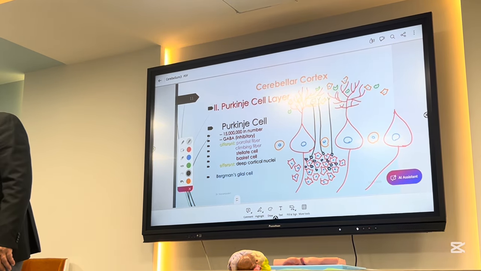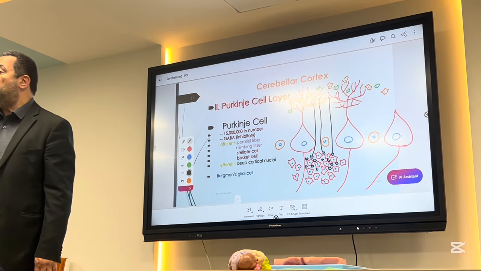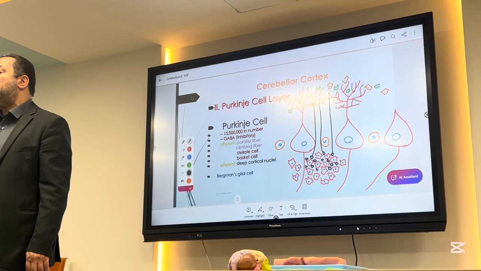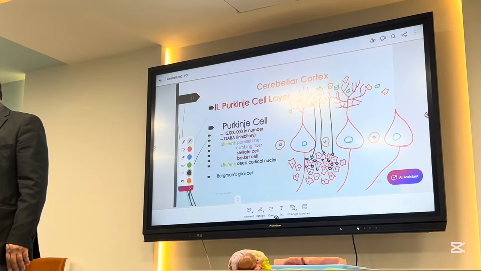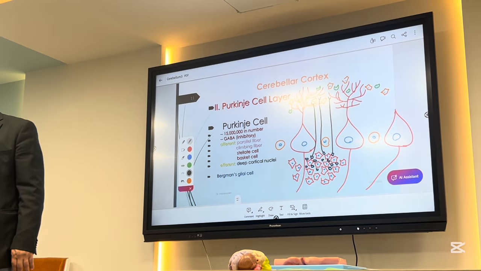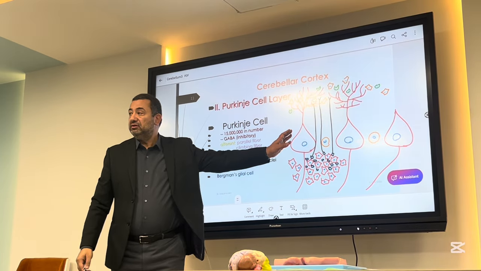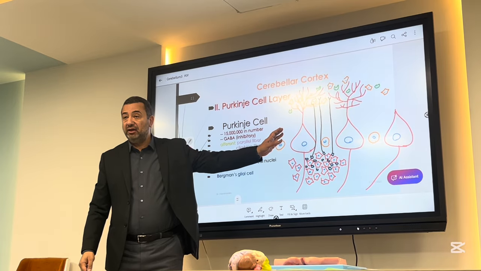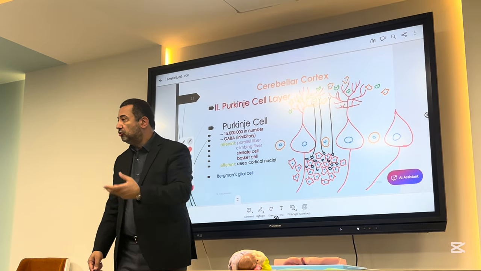And granular cells are the smallest cells in the human body because they have 3 to 4 micrometer diameter. Okay? Purkinje cells have 150 micrometer, and these are 3 micrometer.